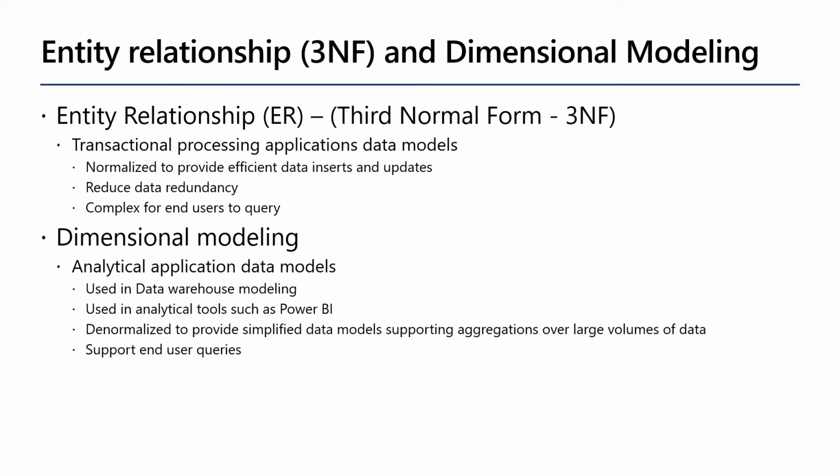These data models are normalized to provide efficiency for data inserts and updates or deletes inside of a transactional application. One of their core design tenets is to reduce data redundancy. But in doing so, it's more efficient from an application perspective, but it's more complex for end users, or business users, to understand the schema and to query the schema.